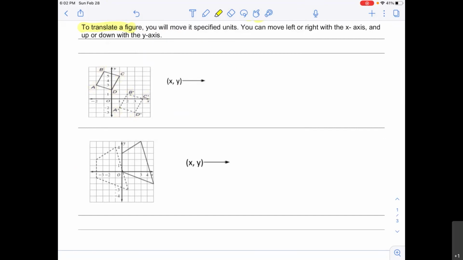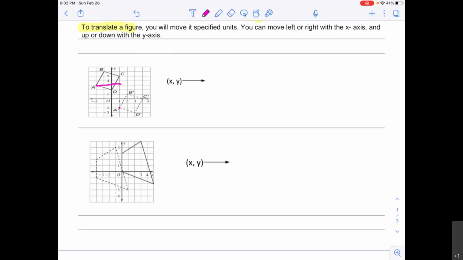So if I wanted to figure out where this went, I want to see how I got A to A prime. Now that diagonal line, that's not going to help me very much. So instead, what we do is we see how far it moved left or right and how far it moved up or down. So here, from A to A prime, first, it obviously moved to the right.